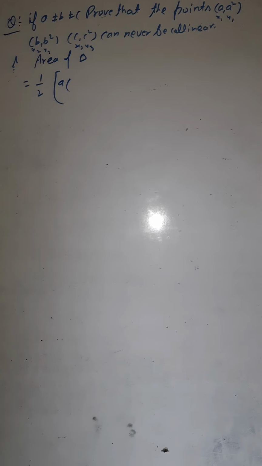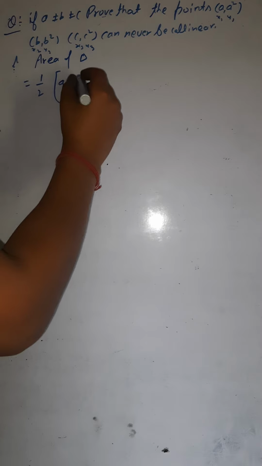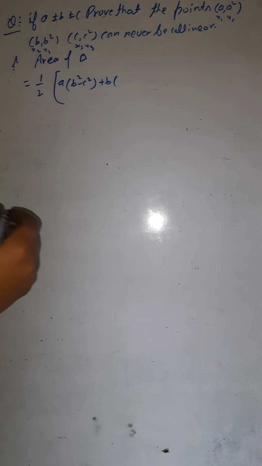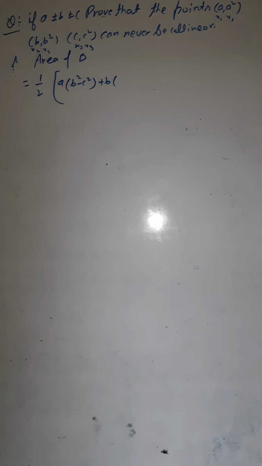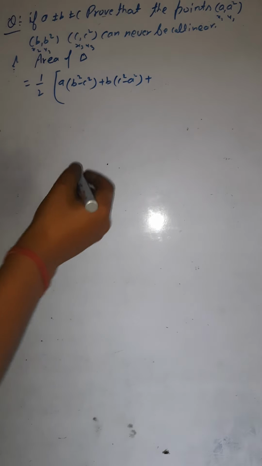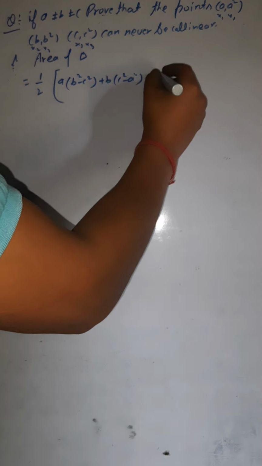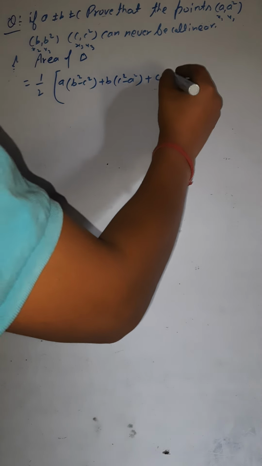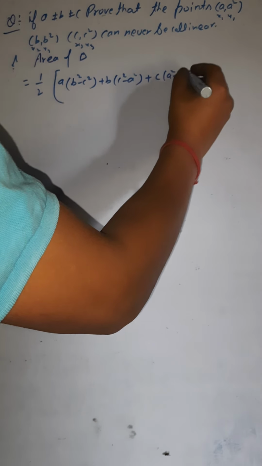x1 is a, inside y2 minus y3, so y2 is b square, y3 is c square, so b square minus c square, plus then comes x2, x2 is b, inside what would be there? y3 minus y1, y3 is c square, y1 is a square, means c square minus a square, plus then comes x3, x3 is c, then inside y1 minus y2 means a square minus b square.